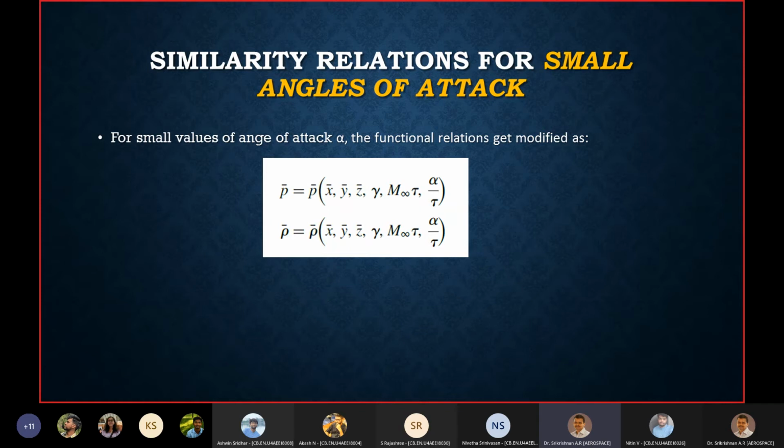I repeat that for non-zero angle of attack, as long as the angle of attack is small, the two similarity parameters will be M infinity into tau and alpha by tau.